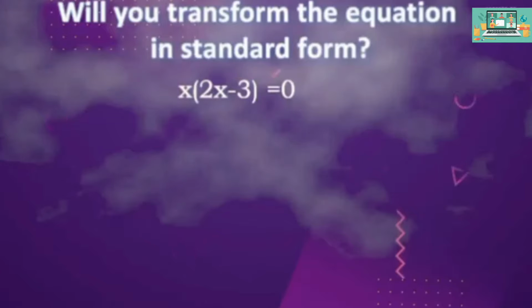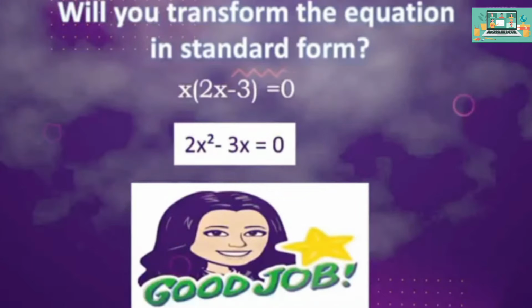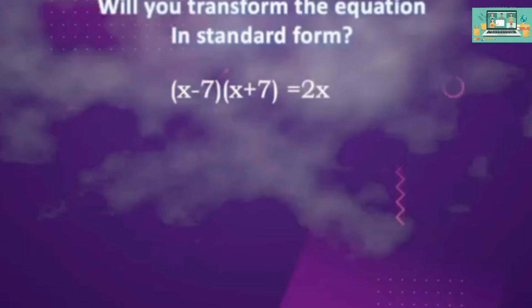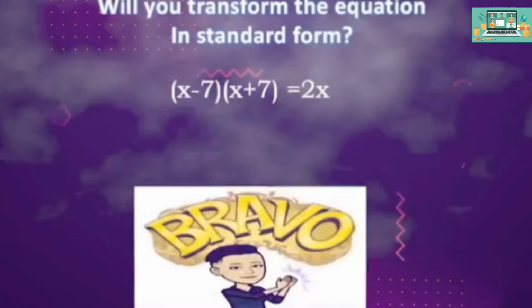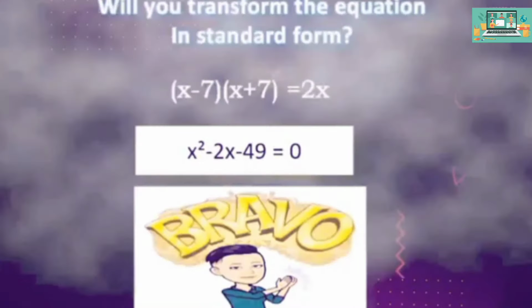What is its standard form? Good job! Transform x minus 7 times the quantity of x plus 7 equals 2x into its standard form. Bravo! X squared minus 2x minus 49 is equal to 0. Very good.